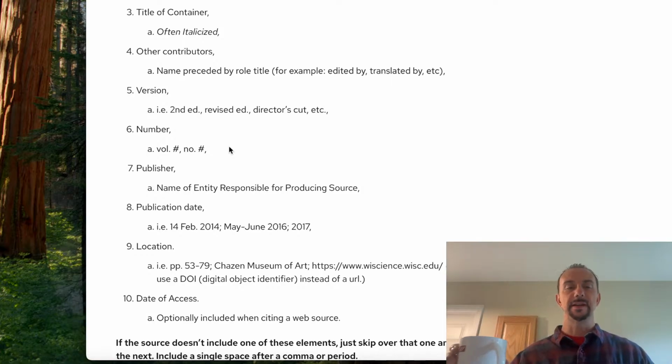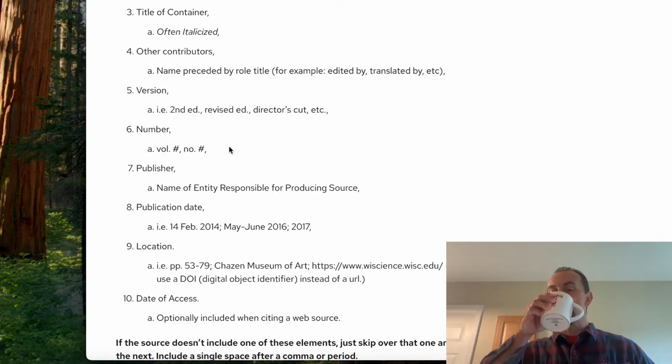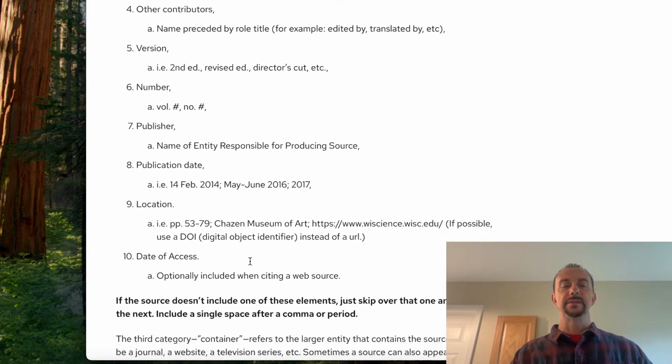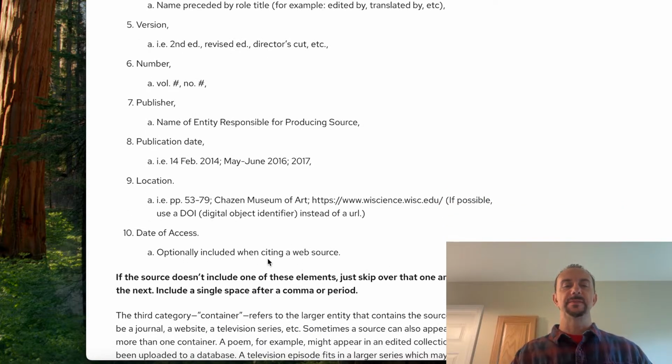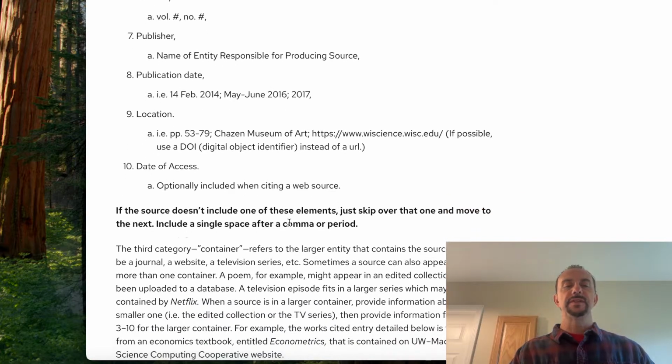The publication date and the location. Date of access is for websites because sometimes they disappear, and so you want to say when you were able to access that information. Here's an important part. If the source doesn't include one of these elements, just skip over that one and move to the next.